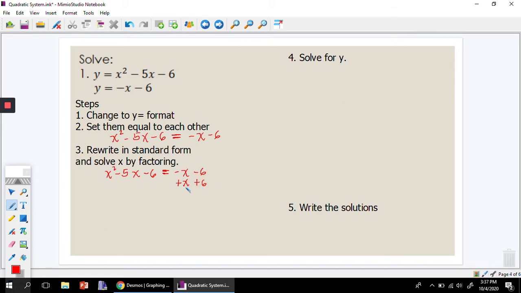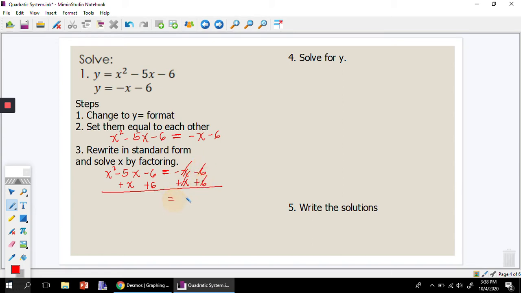If I do that on the right side, I should also do that on the left side. I will look for the common term for x, that is negative 5x, so I'll put here plus x, and this is a number term, so I will add 6 here. The right side becomes 0, since negative x plus x is 0 and negative 6 plus 6 is 0.